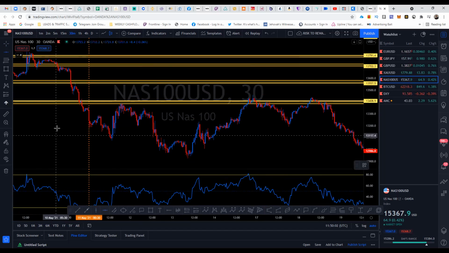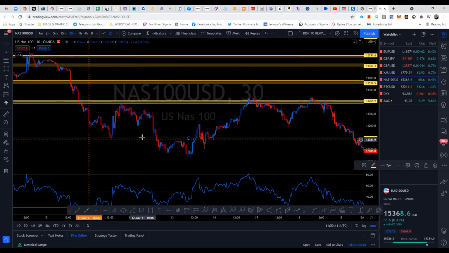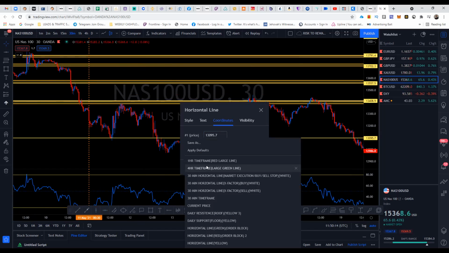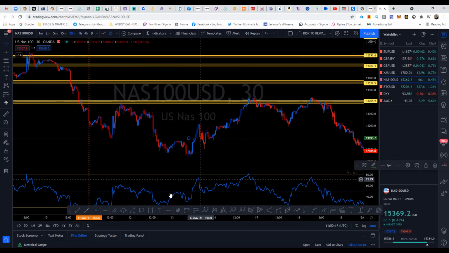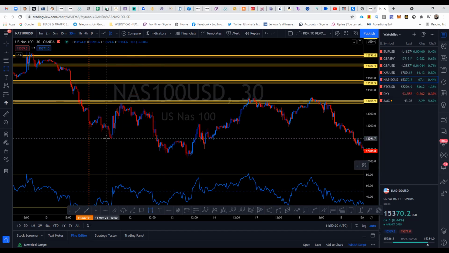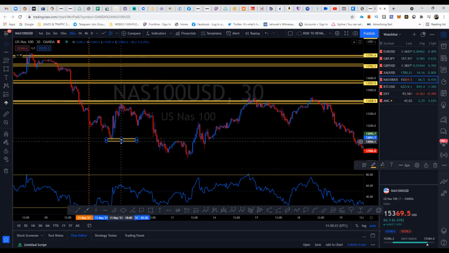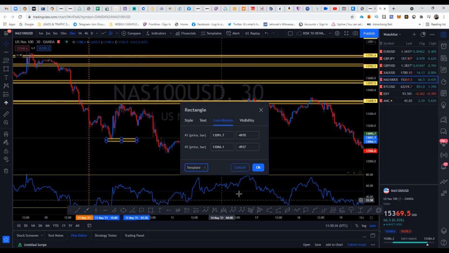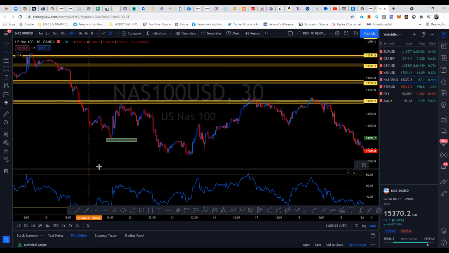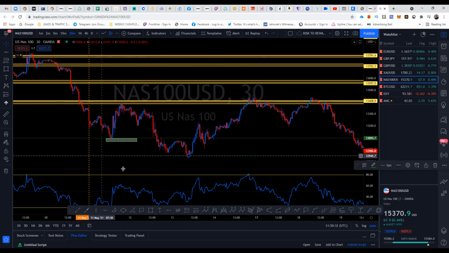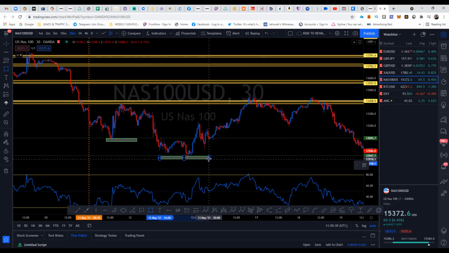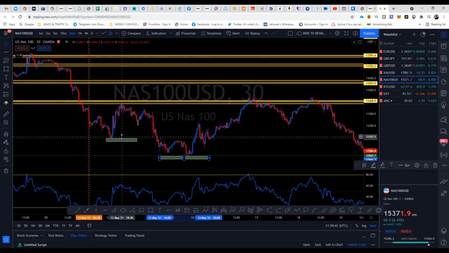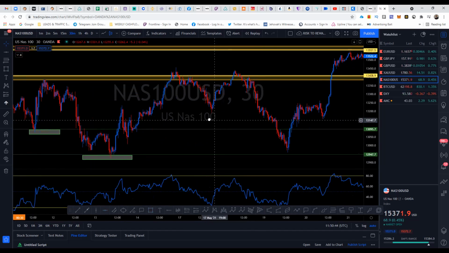So let's see. I really saw some wick action here. I'll change this color to green. Let's see.